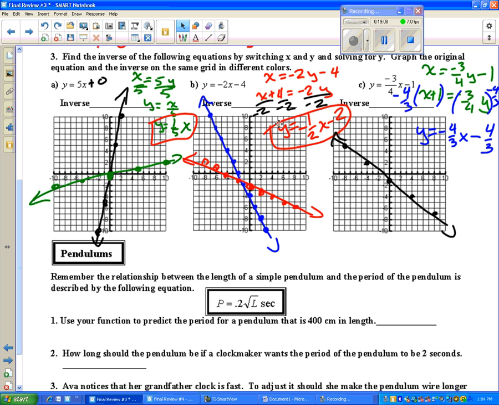That's an ugly little problem, but that's okay. With -4/3, I'm going to go down 1/3. And from there, I'm going to go down 4, right 3.